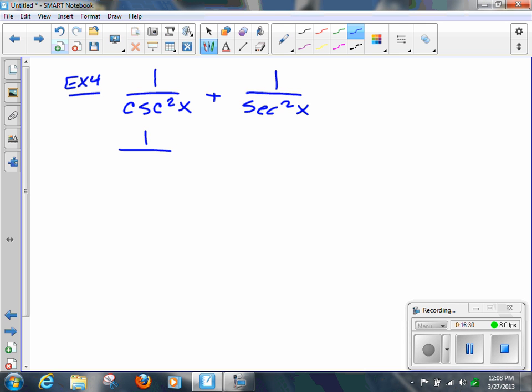1 over. How can I rewrite cosecant squared x as a reciprocal? That's what I want to go with. Okay, look. 1 over sine squared.